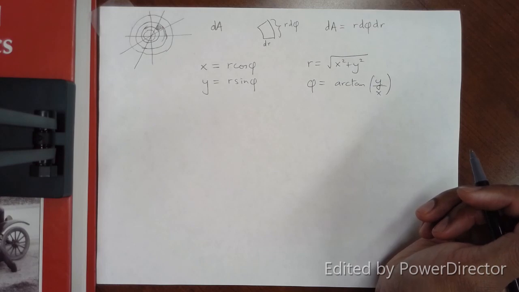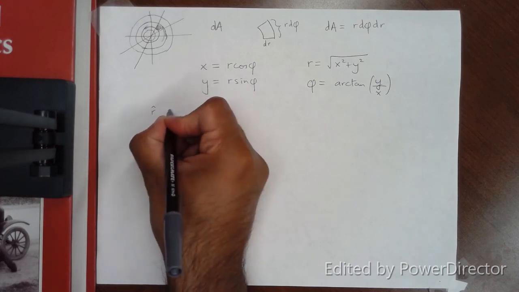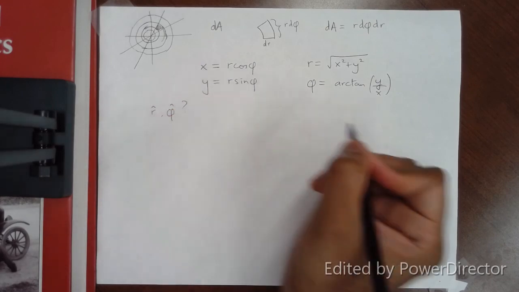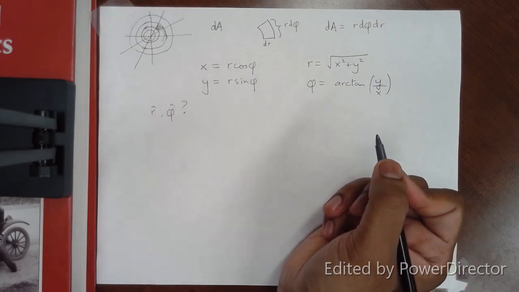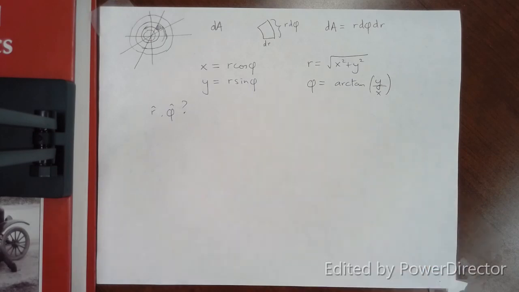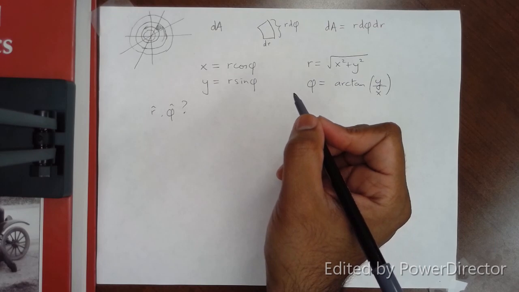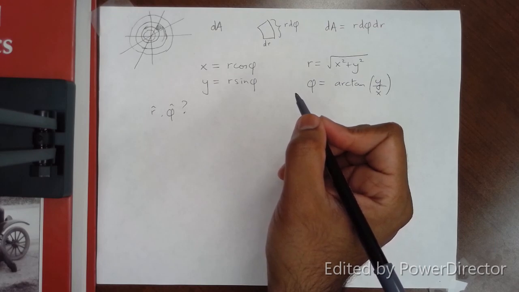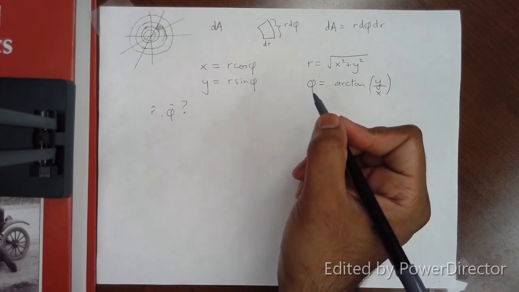All right, well, that takes care of the coordinates themselves, but what about the unit vectors, r hat and phi hat? Can we express them in terms of i hat, j hat, and k hat? As it turns out, yes, we can. To do so, we realize that r hat points in the direction of increasing r.